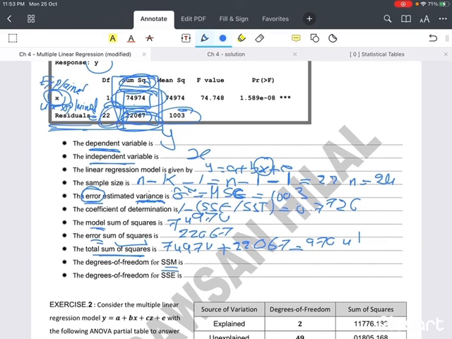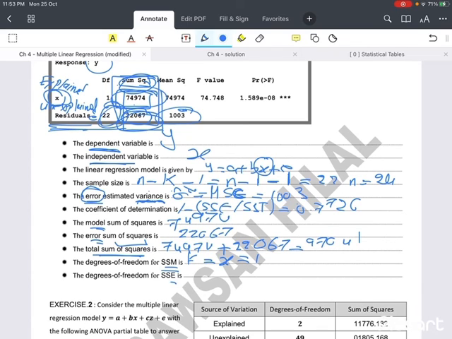This will be in the mean square. So we say that the sum square model will be K. And we have only X, so we have only 1.